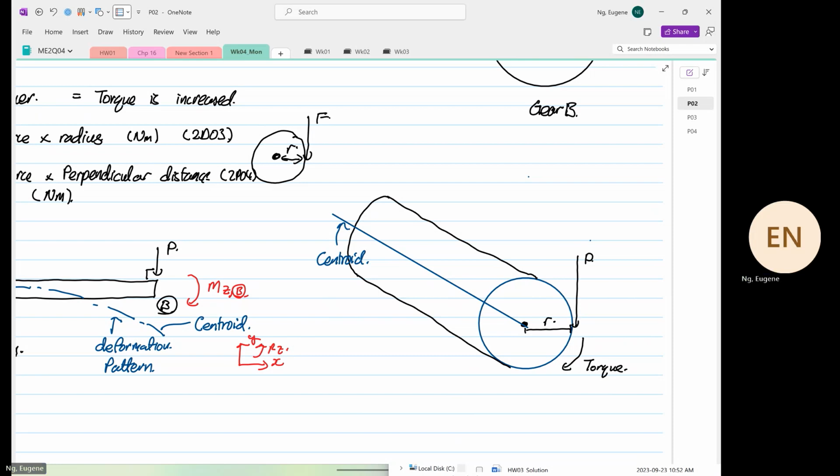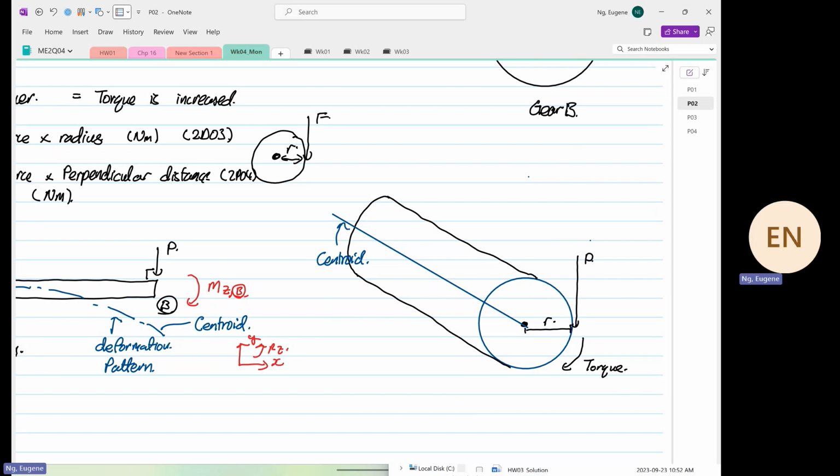Neither. It will stay on the same point. When I deform this, the centroid will not shift at all. Are we clear?